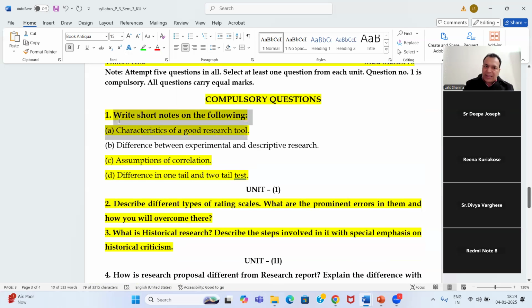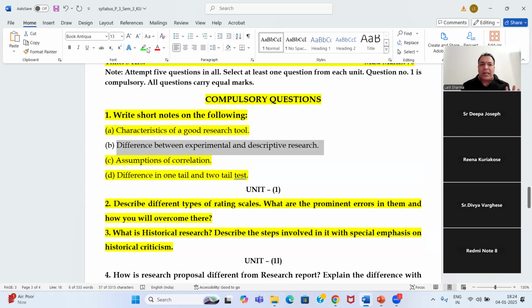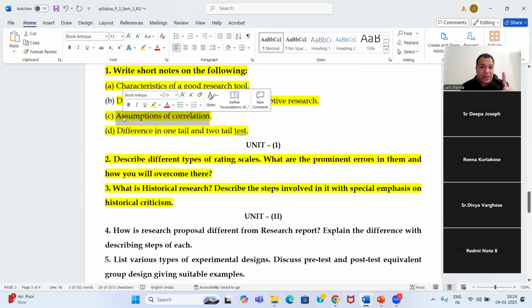So we have already discussed characteristics of a good research tool. If you remember, the difference between experimental and descriptive research we have already discussed, right, in the previous lecture. Assumption of correlations we have done. Then two methods of correlation, Pearson and Spearman method, right?